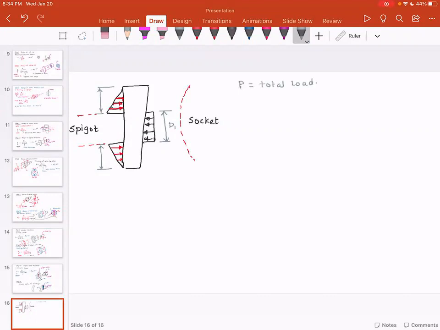So which means I can find out this is uniformly distributed load, and this is uniformly varying load.